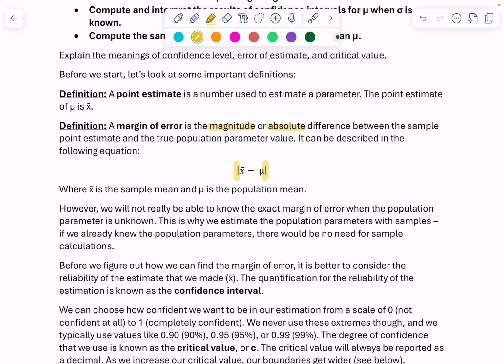Basically, we're looking at the positive value between the two. So we're not looking at whether it's negative or positive, we're just looking at what the overall difference is. Sometimes your sample mean might be less than your true population parameter, and sometimes it may be greater than. But when we're talking about margin of error, we're talking about that positive value at all times. Okay?